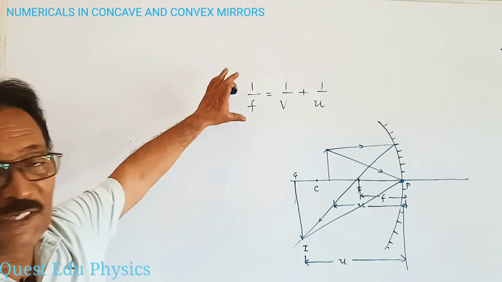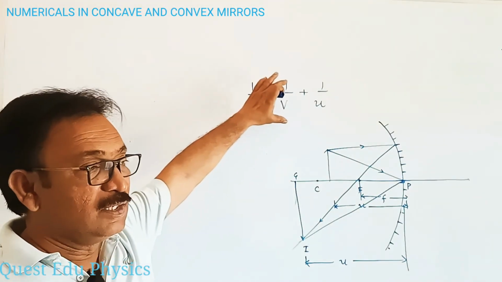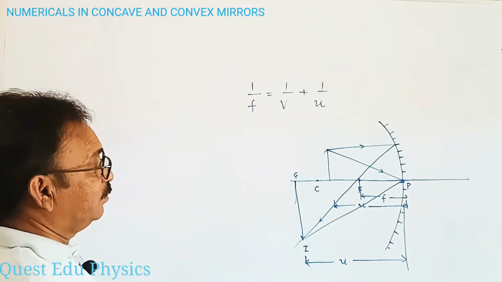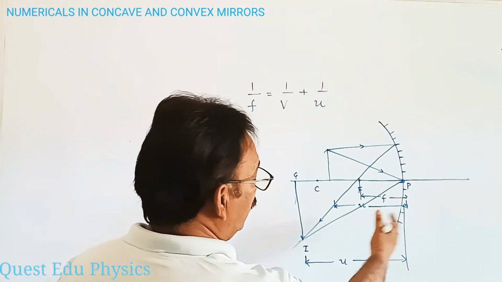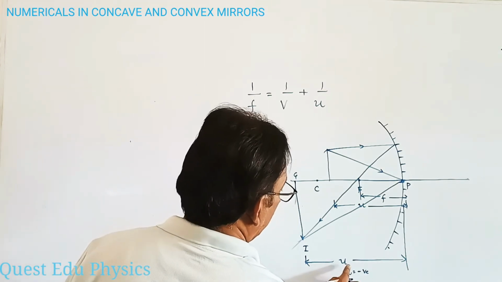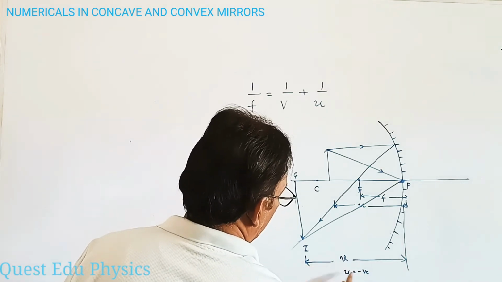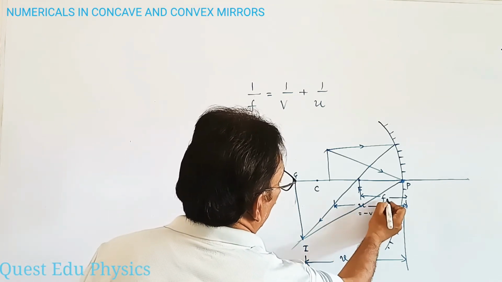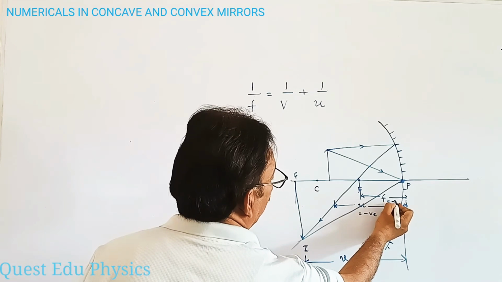Okay, students, the reciprocal of the focal length is the sum of the reciprocals of image distance and object distance. Here we are applying the sign convention, and you will get u as negative. Sorry, it is v as negative, and u is also negative, and focal length also negative.